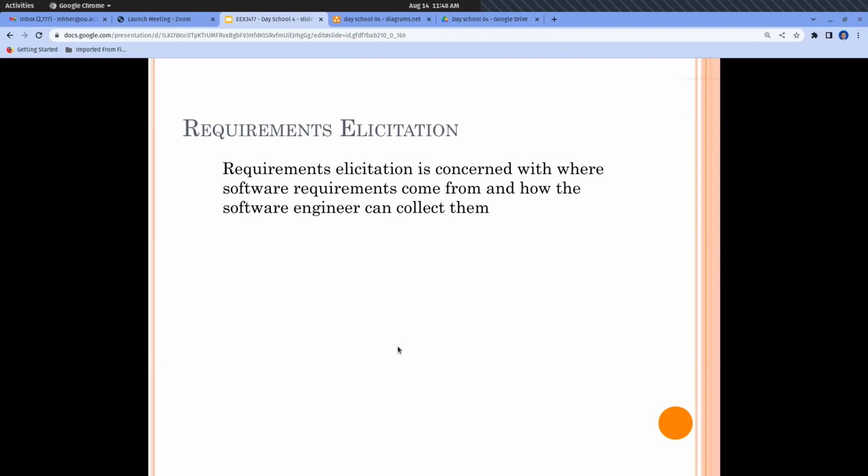That means normally the higher level of the company makes a request to the software company. But higher level people don't know about the lower details of the company. Suppose, order processing.